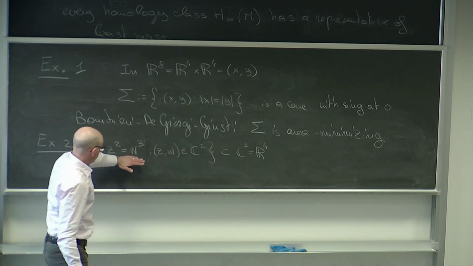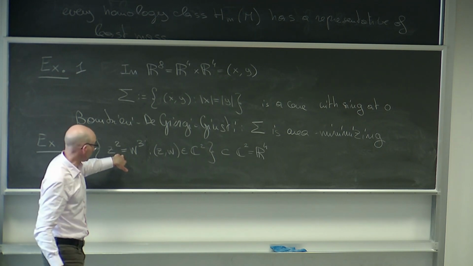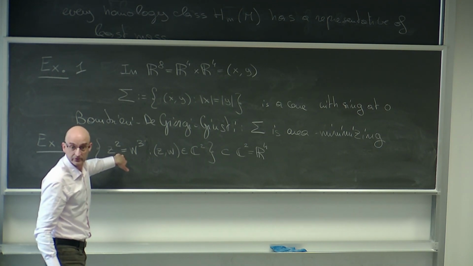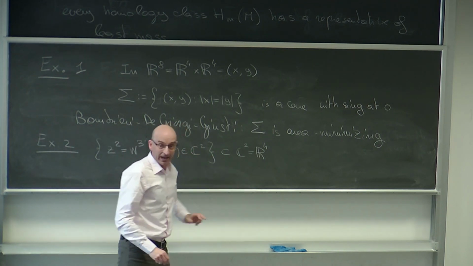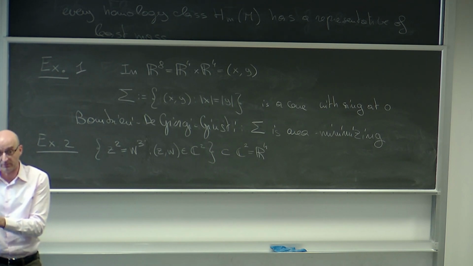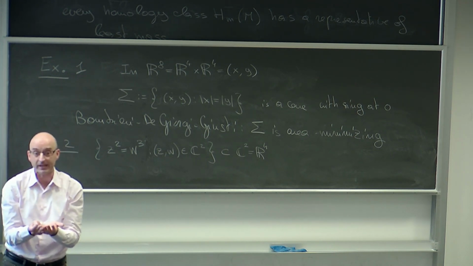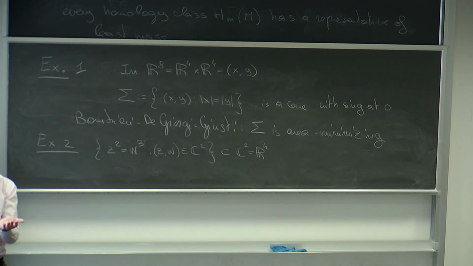So except for the origin, which is again a singular point, this is a two-dimensional oriented surface in R4. And again, it is an absolute minimizer, and it is the unique minimizer as before. Now you cut it with a sphere of radius 1, and when you cut it with a sphere of radius 1, you actually get a very nice real analytic curve. It couldn't be better than that in terms of regularity.